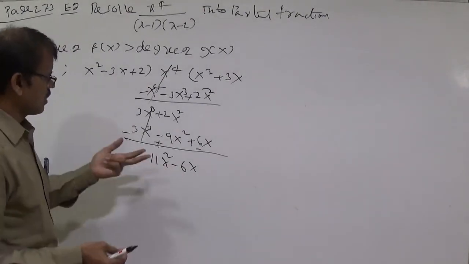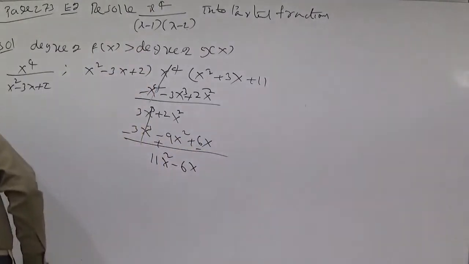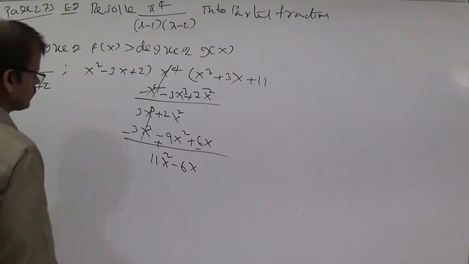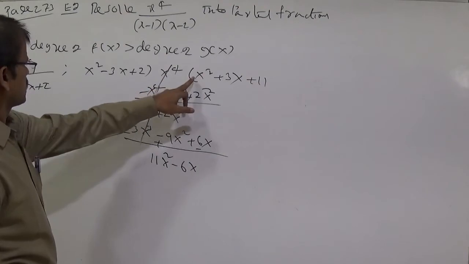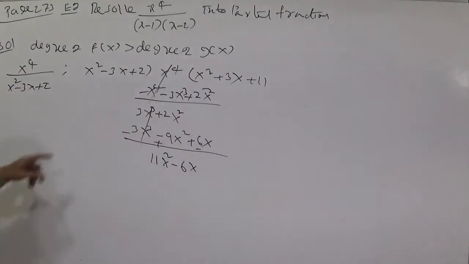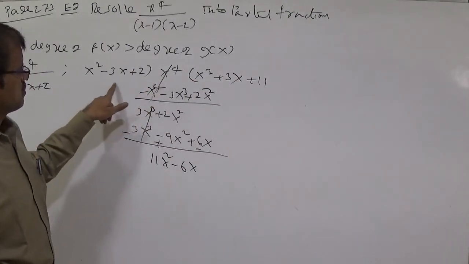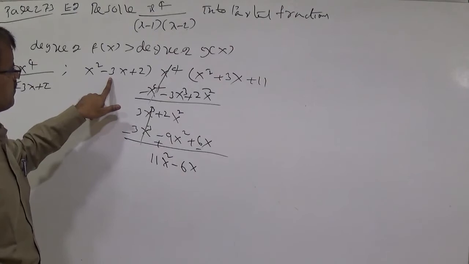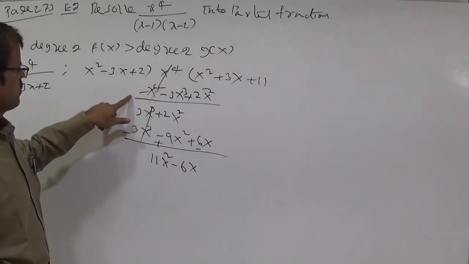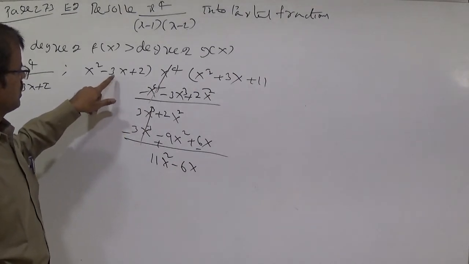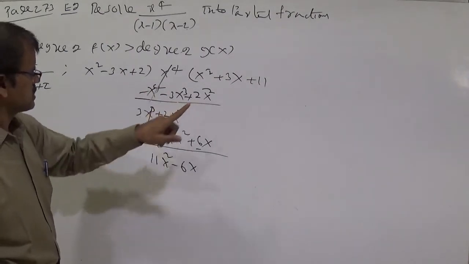The degree of the denominator should again be checked, because the degree of the numerator should be less. x square minus 3x plus 2, 100% correct. x power 4, this is x square times x square. x square into x square is x power 4; minus 3x should be multiplied with x square, minus 3x cube, exactly right, plus 2x square, it is right.